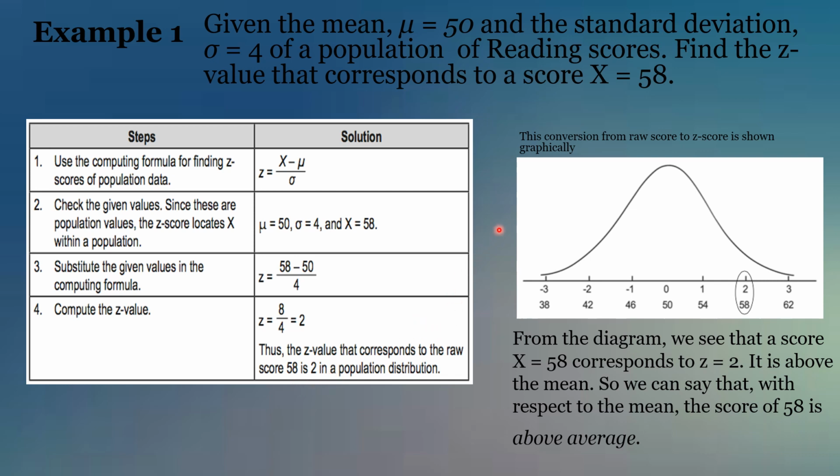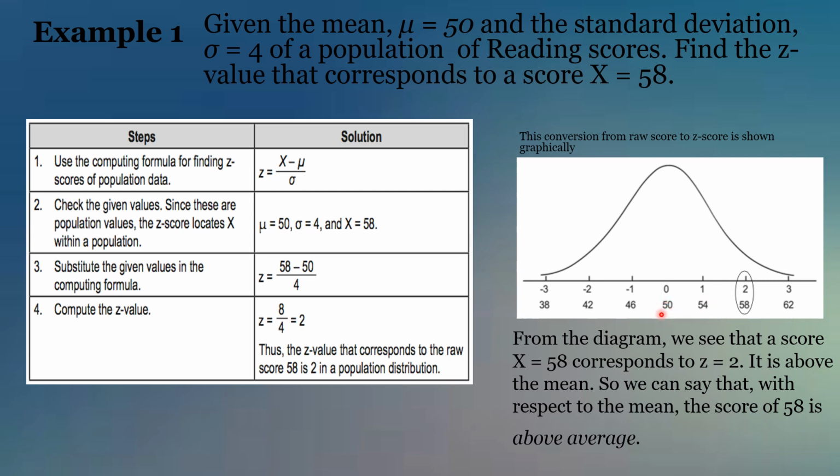Okay, so kung titingnan natin dito sa ating normal distribution, yung mean natin, computed mean itong gitna is 50. Yung nasa left side niya, yan yung mga below average. Then, dito sa right side is the above average. Okay? So ang ating standard deviation is 4.